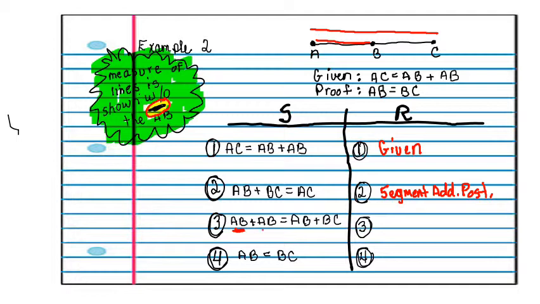And we have AB plus AB equals AB plus BC. The reason we're able to say that is they're going to call it transitive again, but basically what we did is we replaced inside here, and I will call it substitution. Now again we're kind of replacing things.